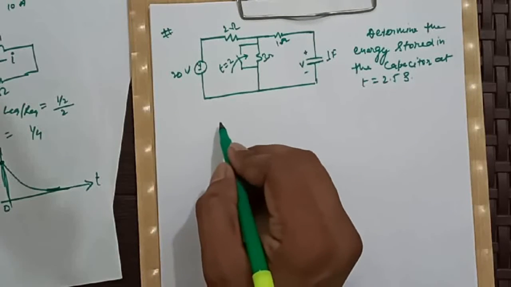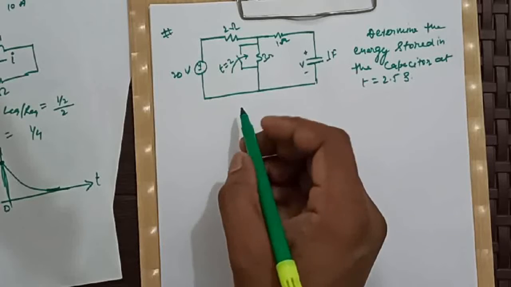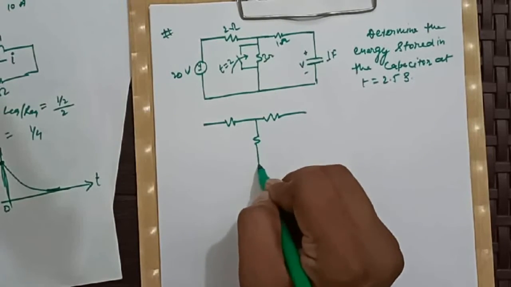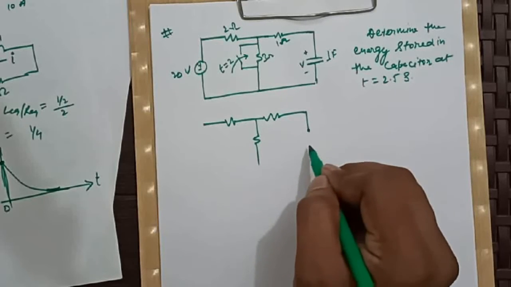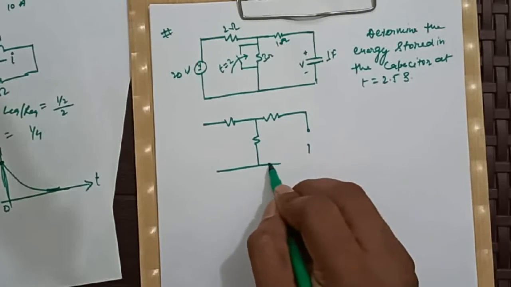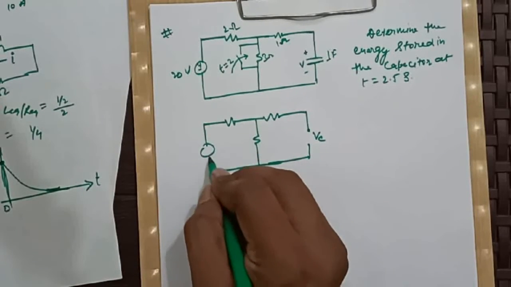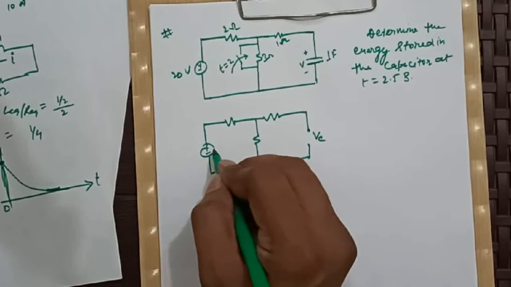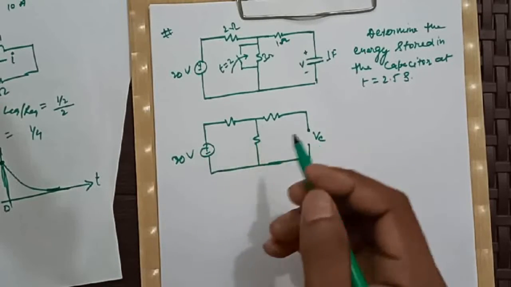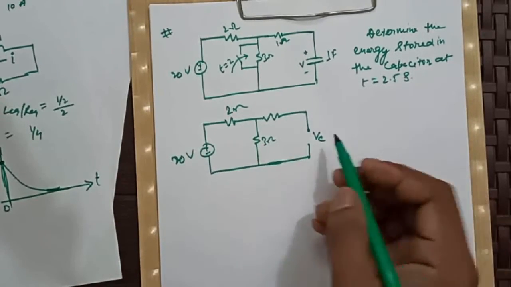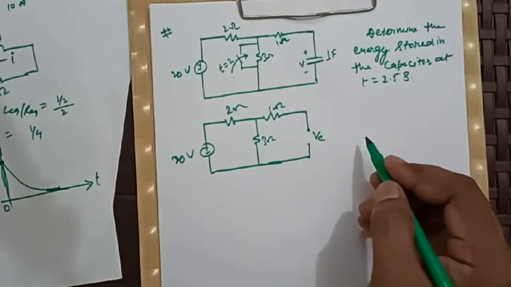So what will be the VC in that condition? After reaching this maximum voltage, VC, the capacitor was acting like an open circuit, right?